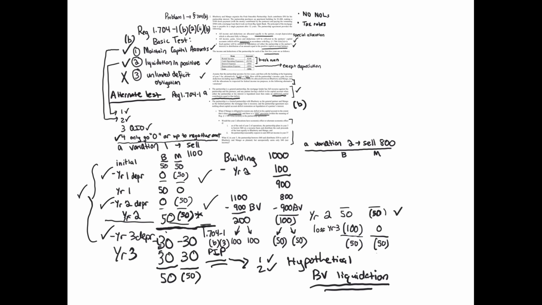But then it's saying, okay, well, what if in year 3 the partnership borrows $60, but then it unexpectedly only earns $40. Well, if we do that, what happens? Now guess what happens? We've only got $20 of income.